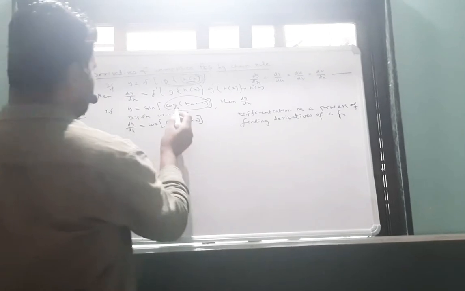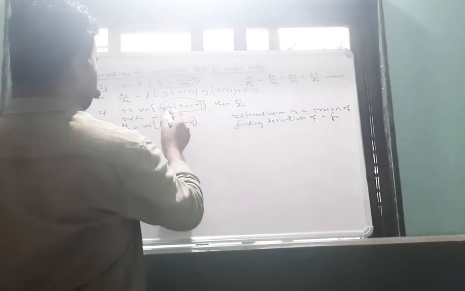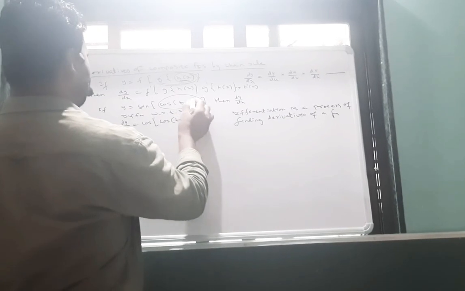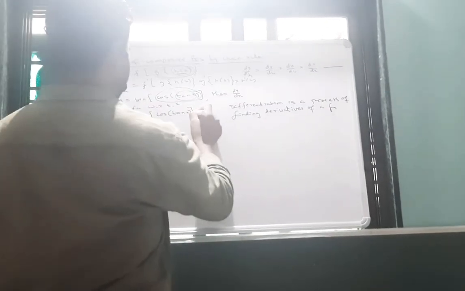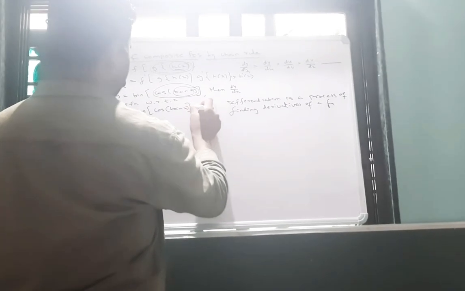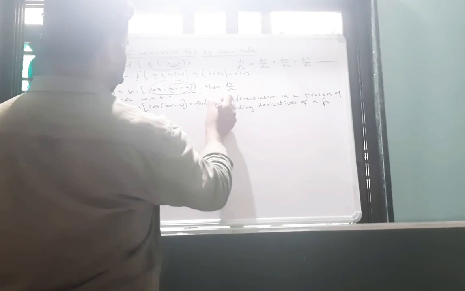Now we have to differentiate this cos of tan x. Assume tan x is v, then the derivative of cos v is minus sin v, where v is tan x.